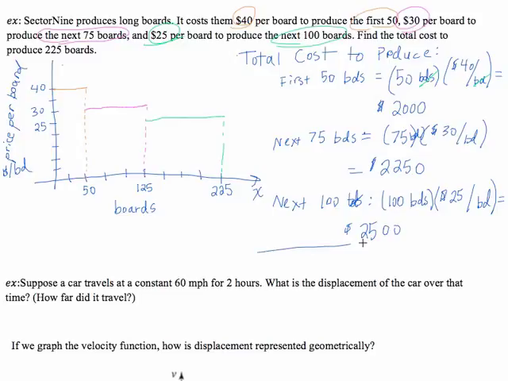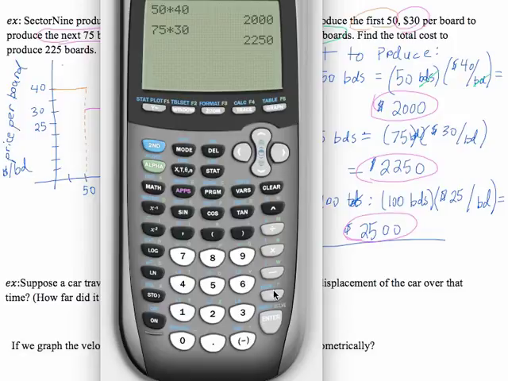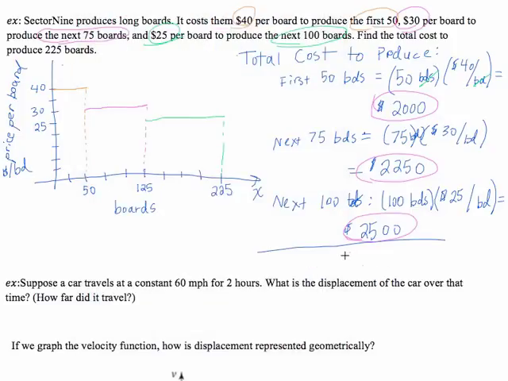Okay, so the total cost to produce the 225 boards is the sum of those. So we're going to do $2,250 plus $2,000 plus $2,500 to get $6,750.